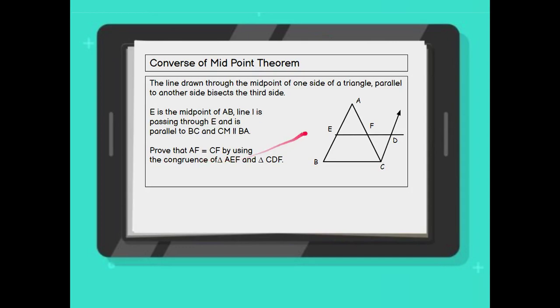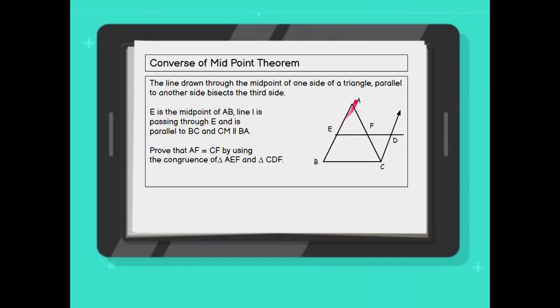How will we prove it? By the congruence of triangle AEF and CFD. How? Here AE is equal to DC, because DC is equal to EB and therefore it is equal to AE. AE is equal to EB and EF is equal to FD by construction, and here again angle AFE is equal to angle CFD, vertically opposite angles.